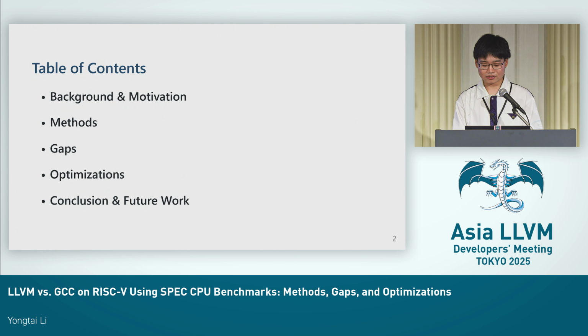Next, I will show the results comparing code size and dynamic instruction count, as well as the impact of the RISC-V vector extension. Here, we will see the performance gap between LLVM and GCC. After that, there are two specific case studies that present possible optimizations, and finally the conclusion and the future work.